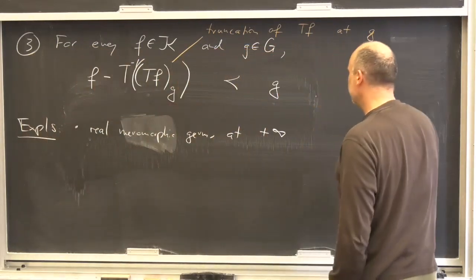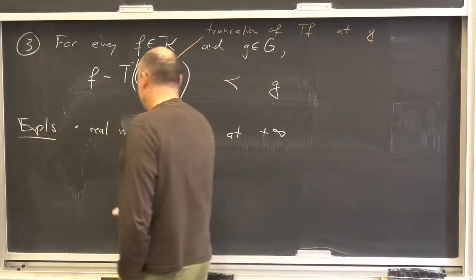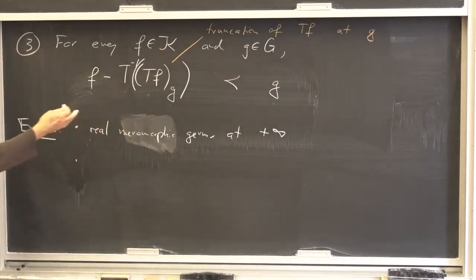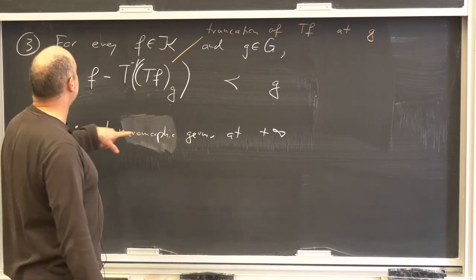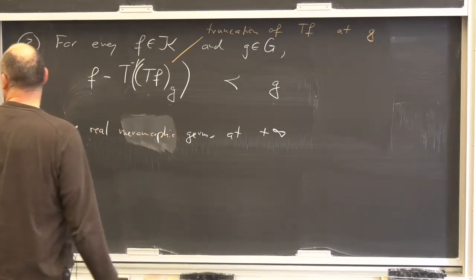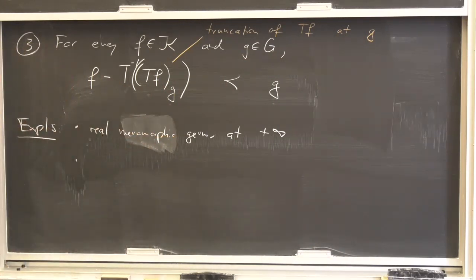In that case you even have a field. And there the power series are the usual convergent power series in 1 over x, and the monomials are just powers of x.